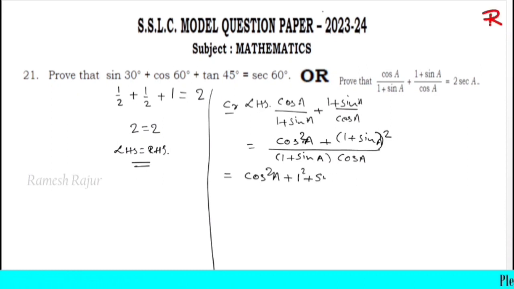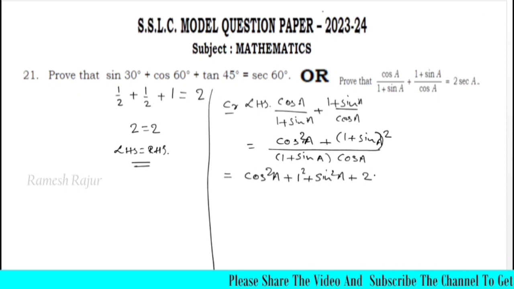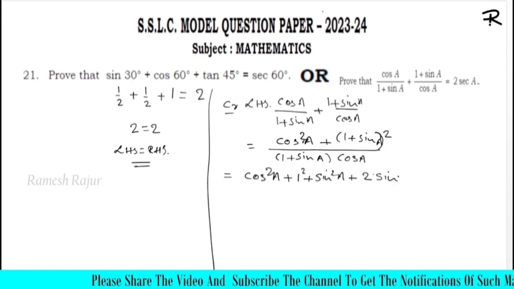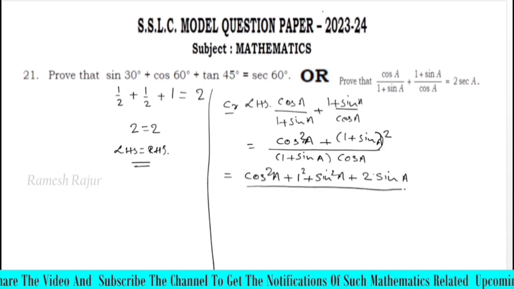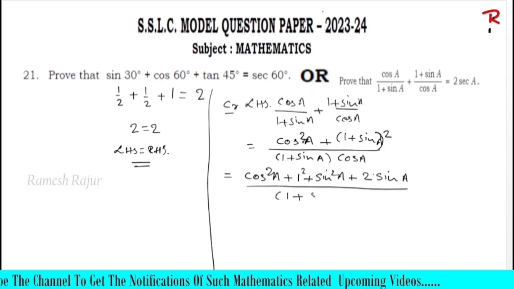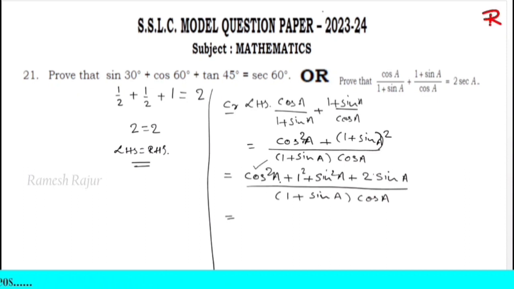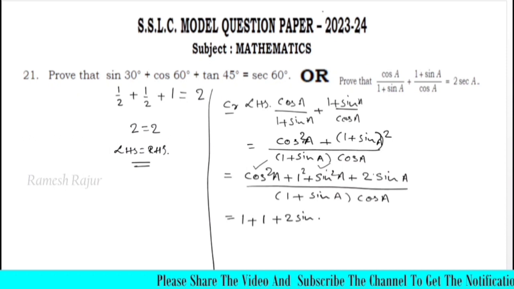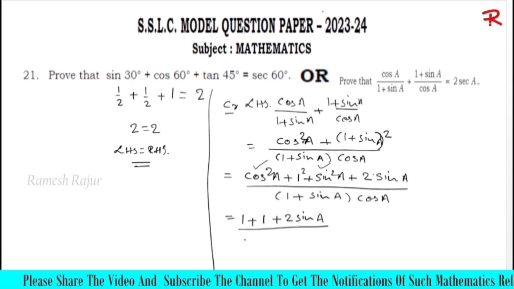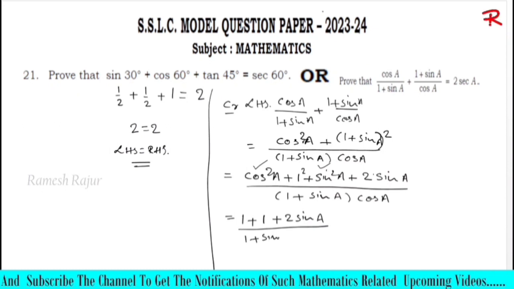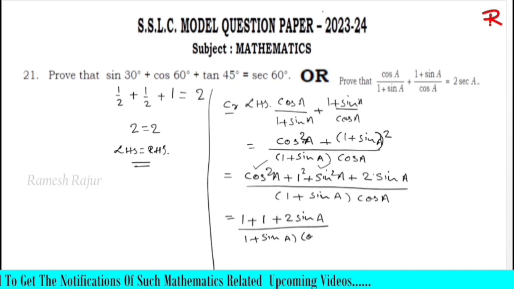Here B is sin A, so B square will be sin square A, plus 2 times AB, that is 2 times A, which is 1, and B, which is sin A. In the denominator, it remains the same, that is 1 plus sin A into cos A. Next, cos square A plus sin square A is 1, plus 1 square is 1, plus 2 sin A. In the denominator, it remains the same, that is 1 plus sin A into cos A.